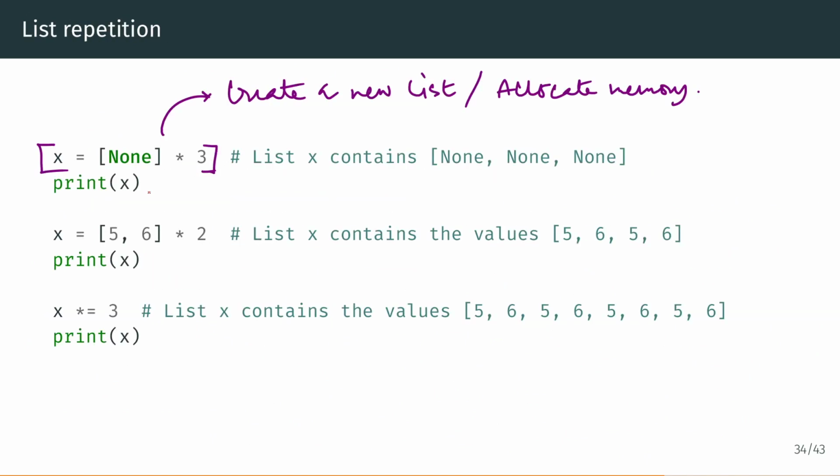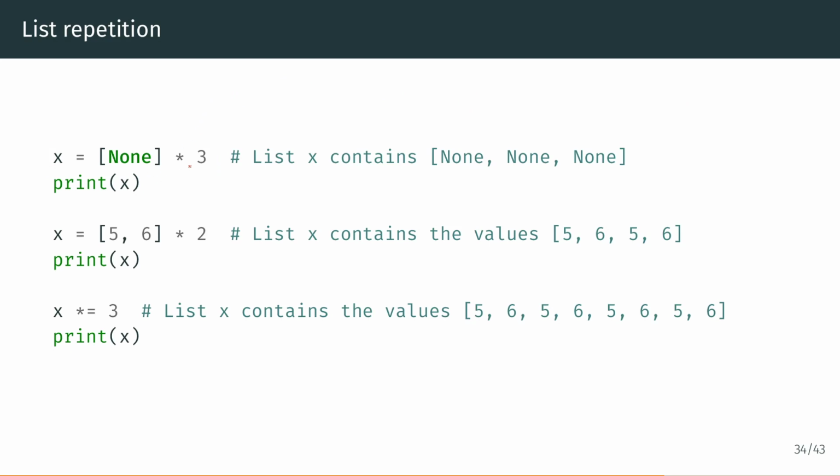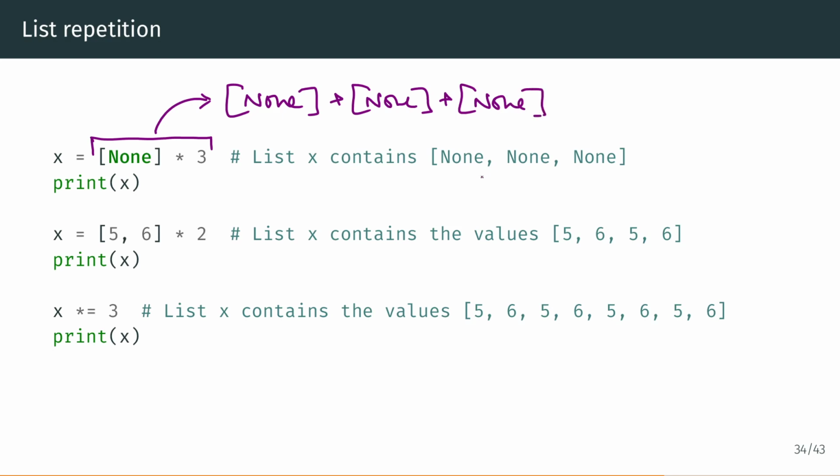Essentially, given x equals None times 3, this evaluates to None plus None plus None. So we have 3 lists, each of size 1, and each of these elements is None.